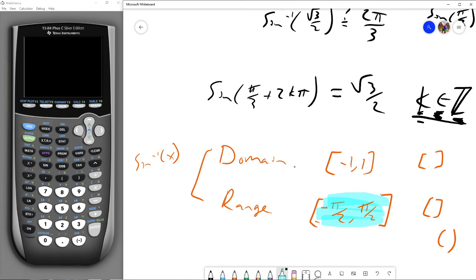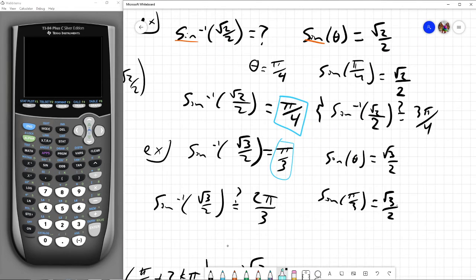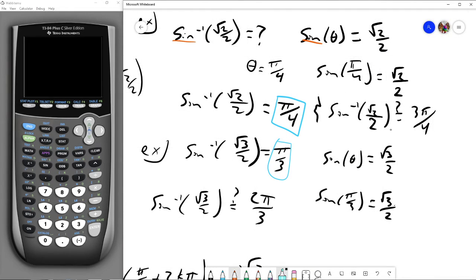So what values can Arcsine give out? So can Arcsine equal 3 pi over 2? Oh, the answer to that question requires a red pen. And no. Can Arcsine equal 2 pi over 3? No. Reason being is because those are all outside of the range of Arcsine.